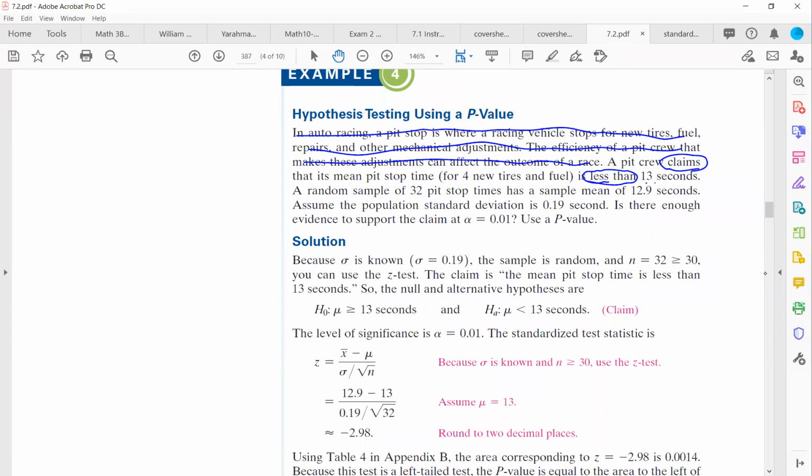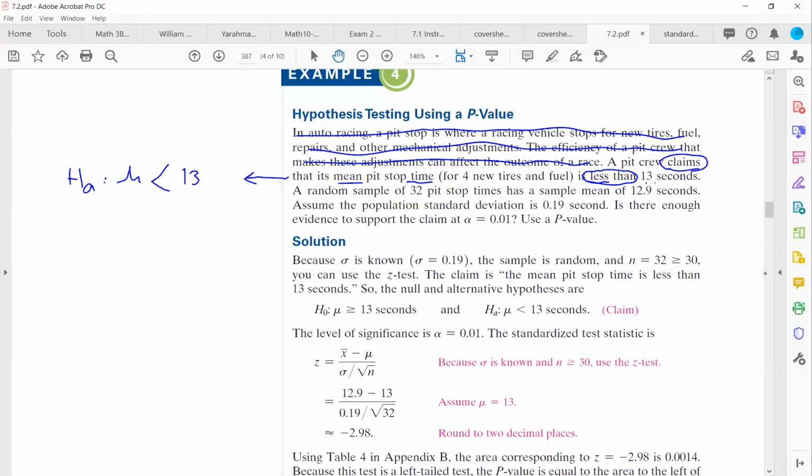Again, we have a claim, we have a mean time, so we know that we're talking about mu, is less than. So what's given? This line gives you the alternative hypothesis, mu less than 13.